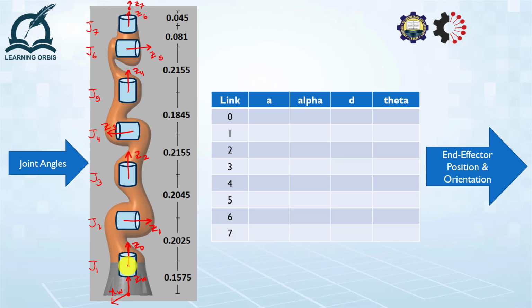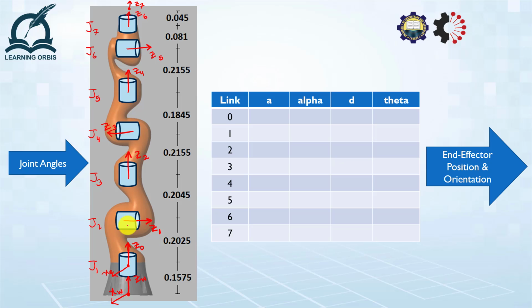So I'm going to choose this point. Moreover, X0 can go into the plane or come out of the plane of this video. It is recommended to choose the x-axis similar to the previous x-axis if it is an option. So I'm going to choose the x-axis to be coming out of the plane, because the previous x-axis, XW, is coming out of the plane. So this will be X0. This defines frame 0, which is present over here.